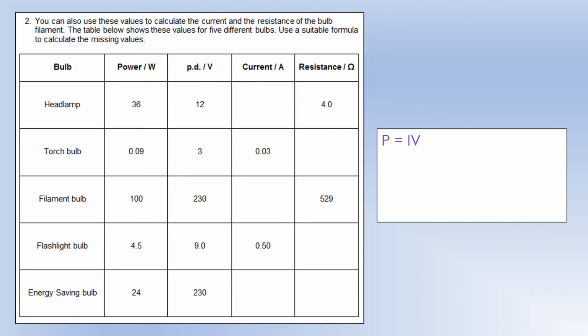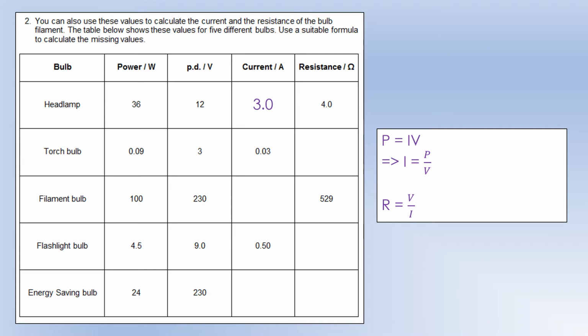And we can rearrange that, so in these columns we can use it to calculate the current: power divided by potential difference. The other equation, if we want to calculate resistance, is that resistance is defined as the potential difference divided by current. There are other ways we could do it, using P equals I squared R or P equals V squared over R, but these are the ways I'm going to do it.